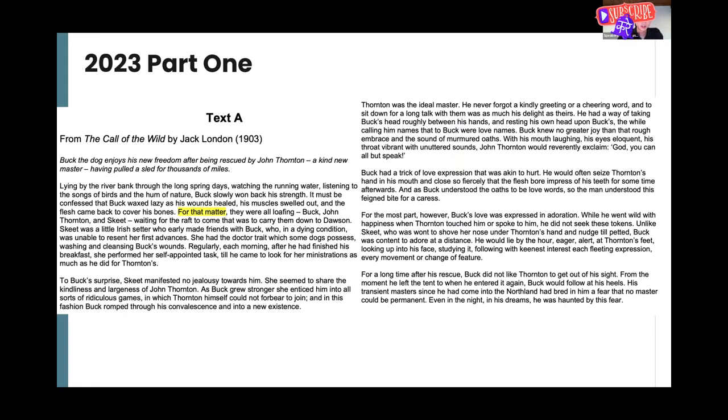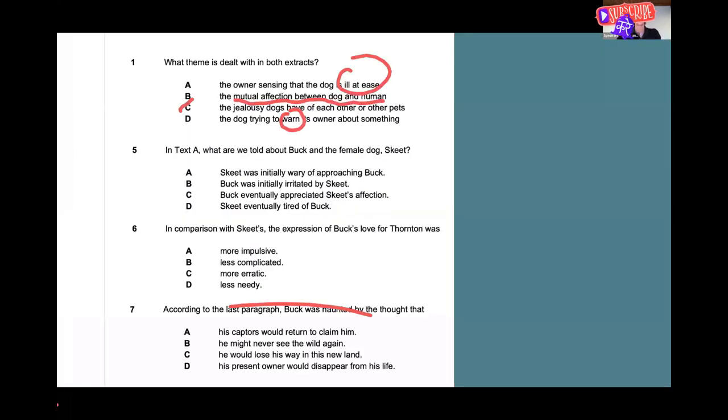Our second paragraph is talking about how the dog was sick, but we're not seeing anything about warning or being ill at ease. Continue down, we still don't see anything about warning or ill at ease. We're just going to scan through this whole text and we'll find that none of those things really come up. So that's how we would narrow down our answer for 1 to be B.